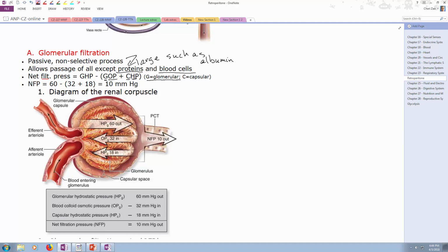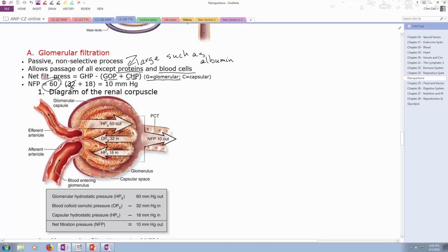So our net filtration pressure uses glomerular hydrostatic pressure, which happens to be 60 millimeters of mercury. Our glomerular osmotic pressure, here it says 32. We're going to change this, and I'm doing this with you guys live instead of pre-lecture, because it's in our artwork here.